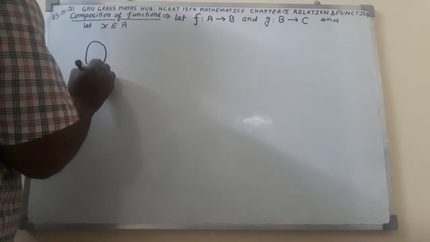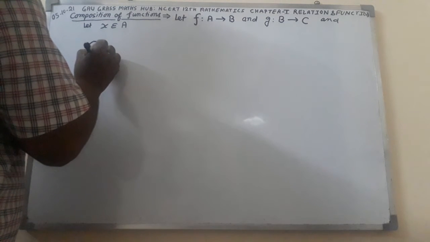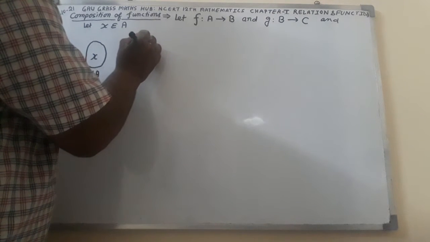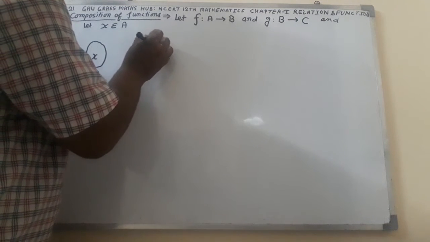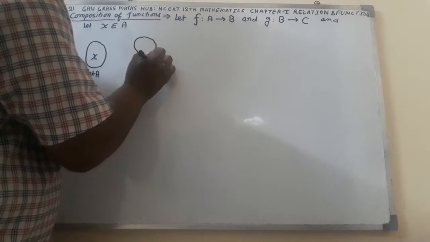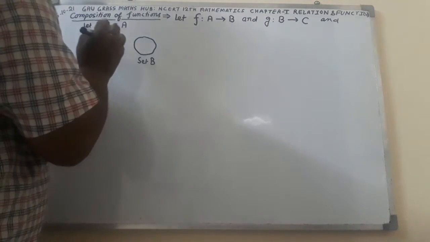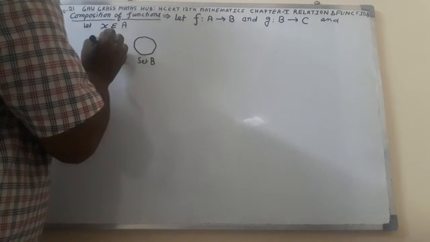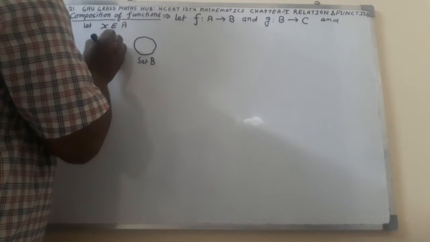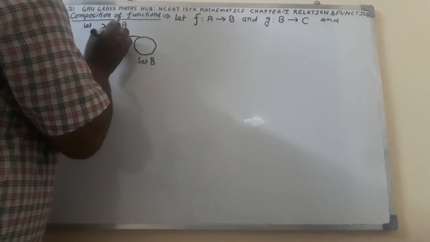This is set A. Set A consists of element x. Set B consists of elements not yet known. Set A is related to set B with the help of f.